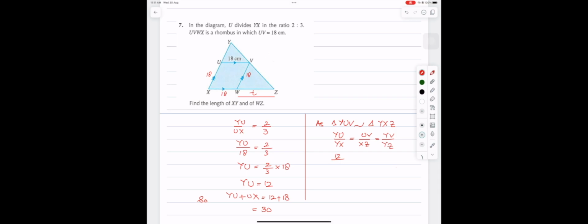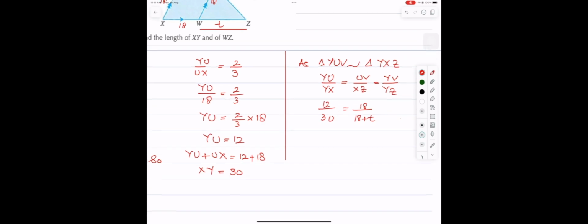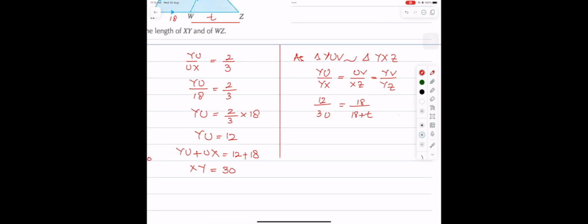So 12 over XY, which is 30, equals UV, which is 18, over XZ, and XZ is 18 plus t. You can do simplification before you do cross multiplication.